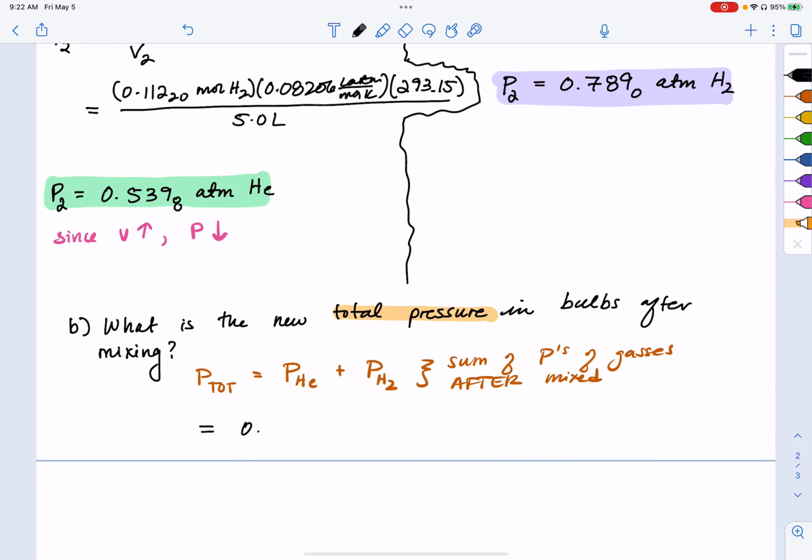So this is 0.5398 atmospheres of helium plus 0.7890 atmospheres of hydrogen.